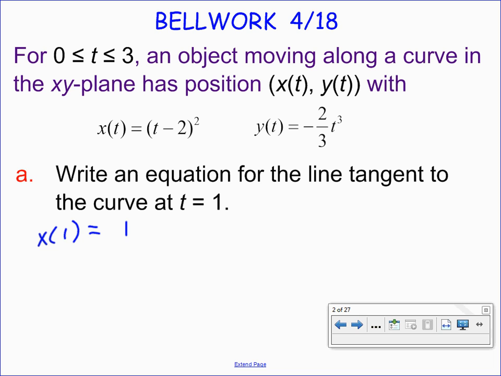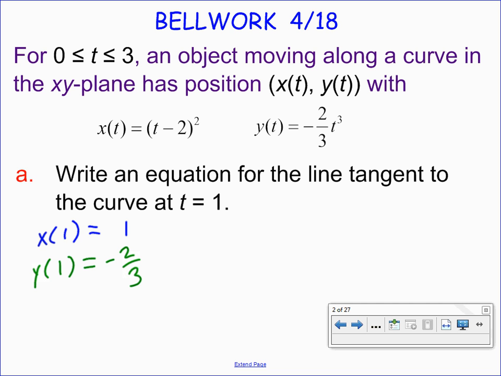So raise your hand if you had 1 as the x coordinate. And pair that with my y coordinate of the object at time t equals 1, given by 1 cubed is 1, times negative 2/3 is negative 2/3. So raise your hand if you have negative 2/3. Negative 2/3 is great.